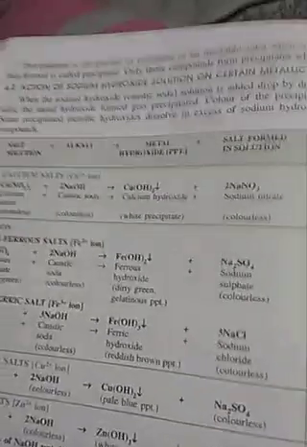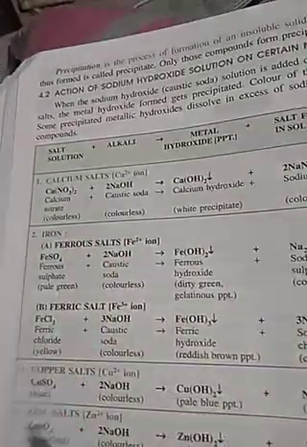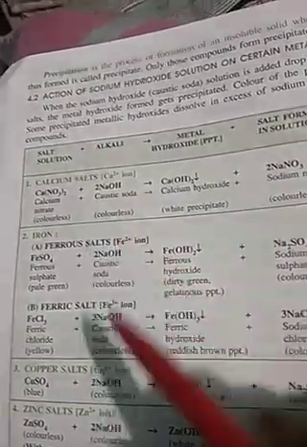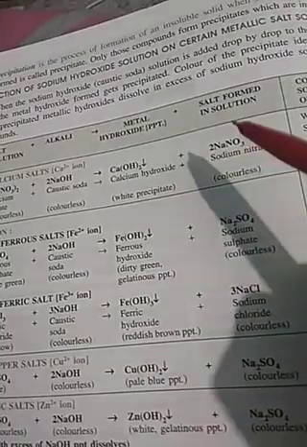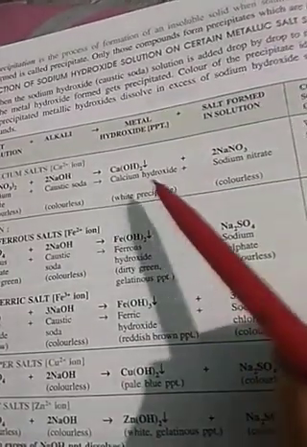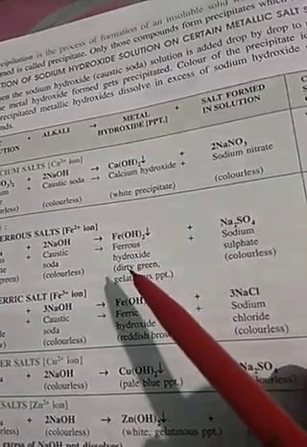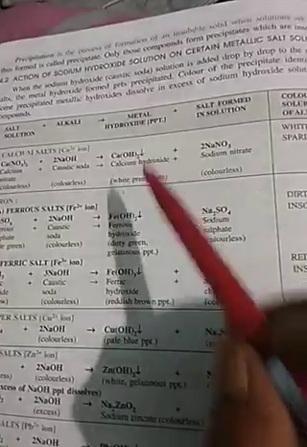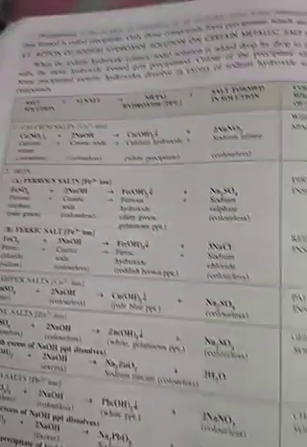Suppose these are all the salts, and here is sodium hydroxide. When sodium hydroxide reacts with this salt, they form a precipitate. And see, they have different colors: white precipitate, green precipitate, dirty green precipitate, reddish brown precipitate. So some precipitates are formed. This is the first part.